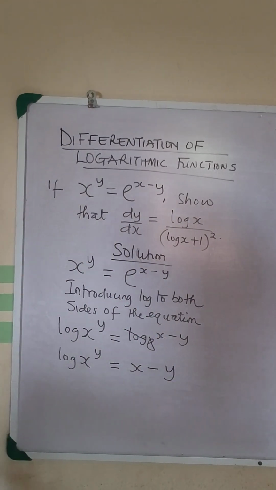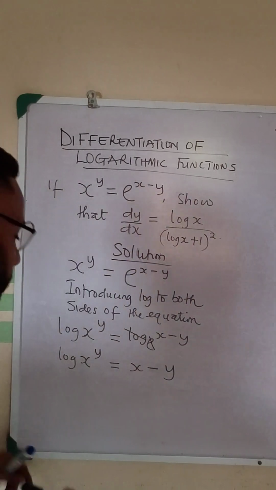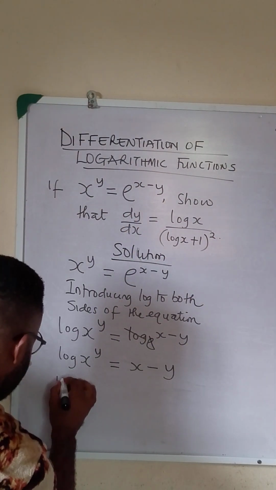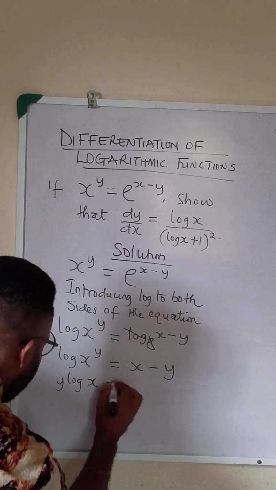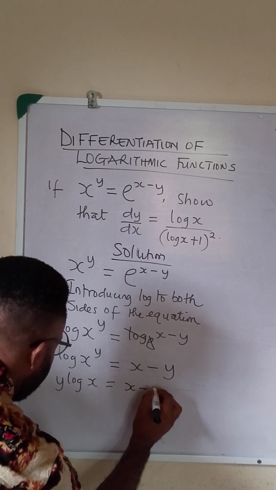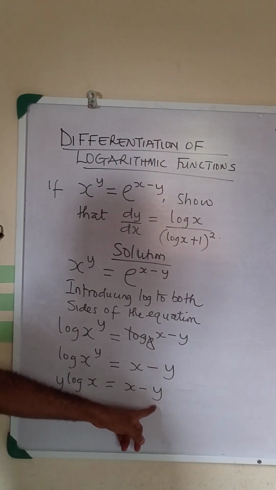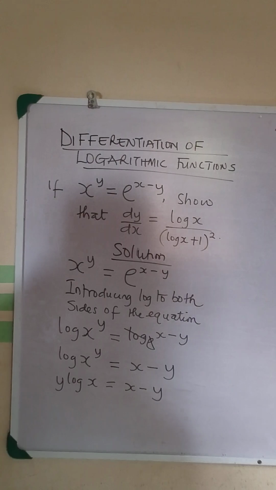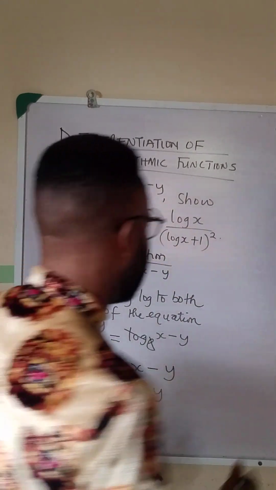From the law of logarithm, we can move this power to the other side so that we have y log x equal to x minus y. We can move y to the other side of the equation.